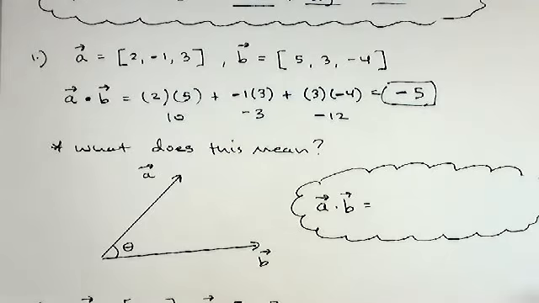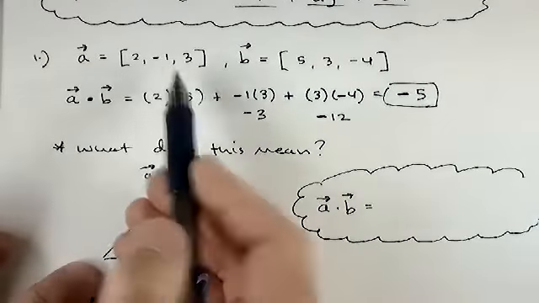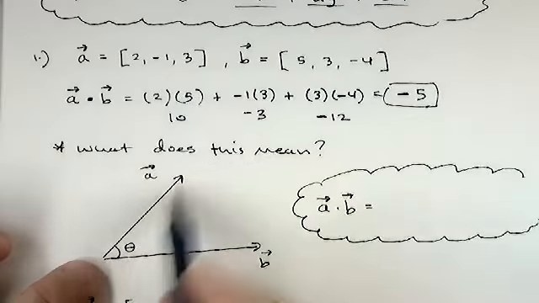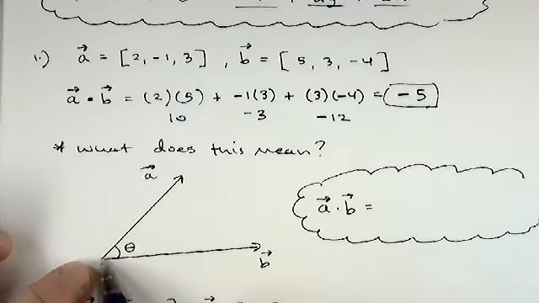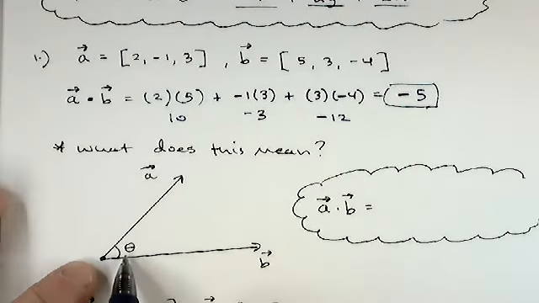Coincidentally, or inadvertently, what you're actually finding is this. If I took my 2 vectors and put them tail to tail now, not head to tail, I'm not adding them, but if I put my 2 vectors tail to tail, assuming they're not going in the same direction, there's going to be an angle between them, which we'll call theta.